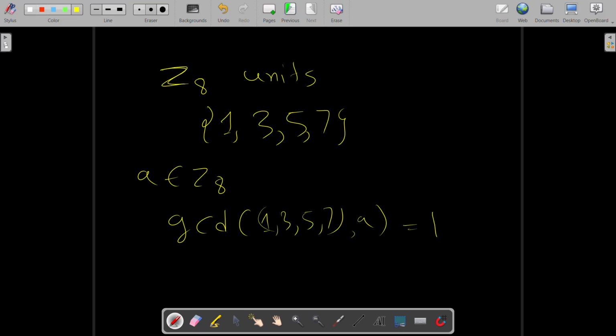So these elements of the set will become units of the monoid Z8 under the binary operation multiplication.